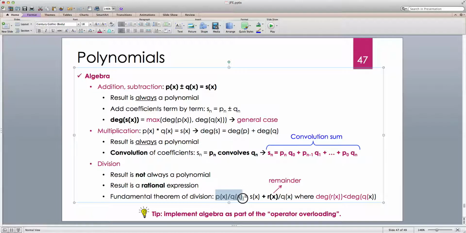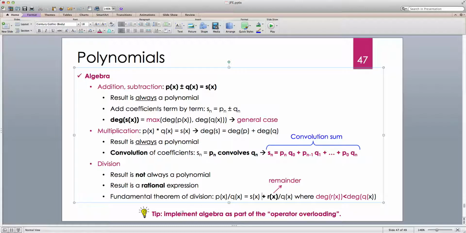And the theorem of division states that the remainder is a polynomial that has a degree less than q. So the degree must be strictly less than q. It cannot be equal. Okay? And there are ways to calculate this remainder.